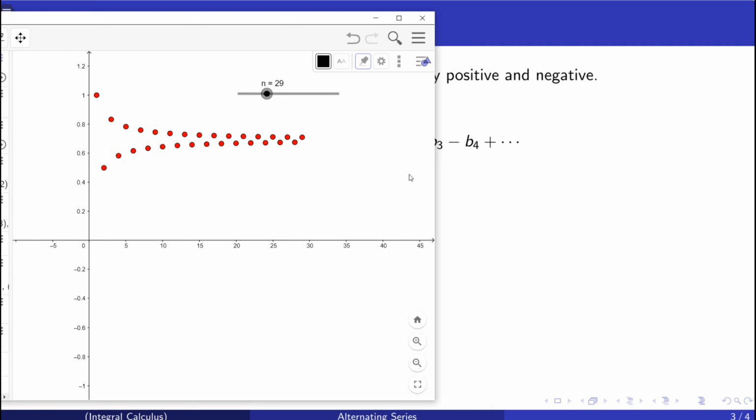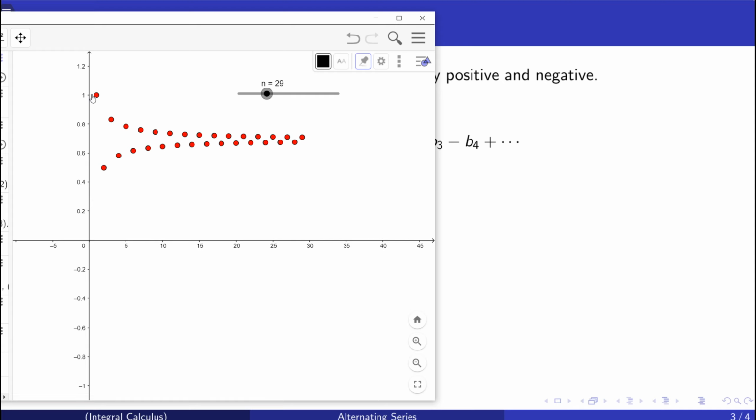But the fact that b_{n+1} is always smaller than b_n means that the gap in between the upper portion and the lower portion of the partial sums is going to converge to the same number.